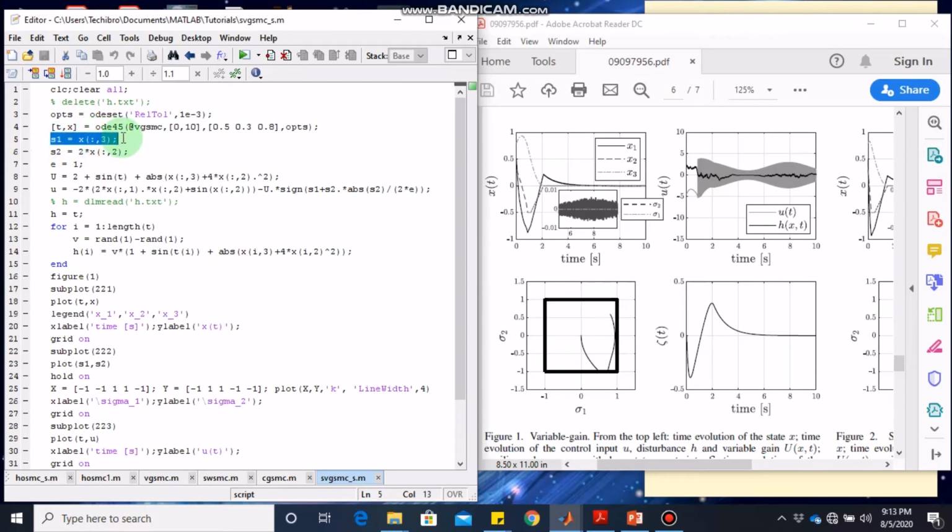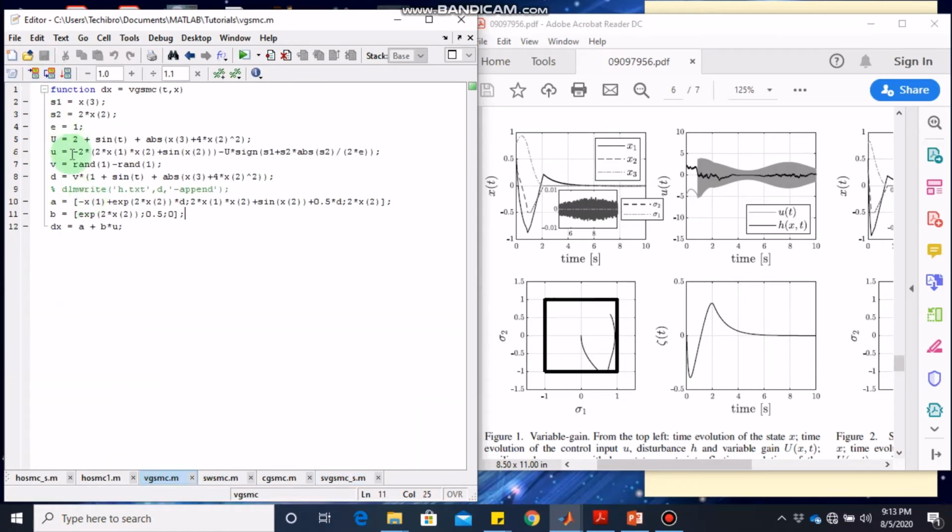So this is the sliding surface s1, which is all values of the third state variable x3, and this sliding surface s2, which is 2 times all the values of x2. Remember, this s1 and s2 are vectors, and this is very different from s1 and s2 in the function file.